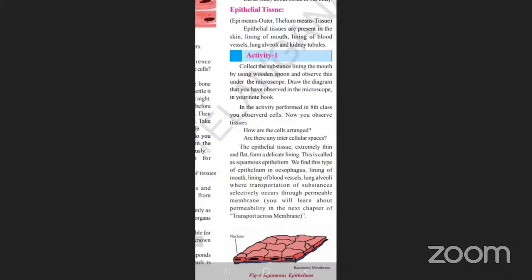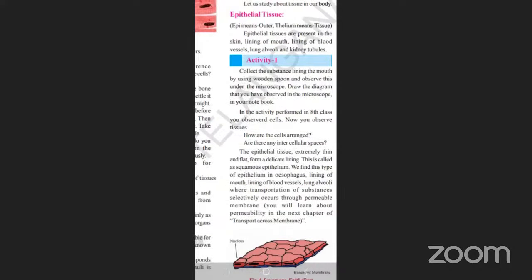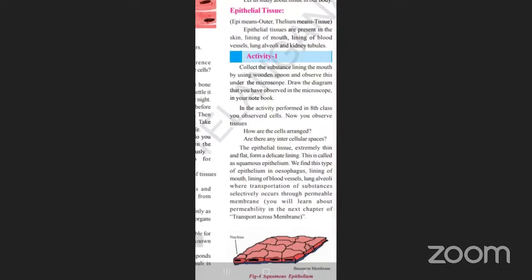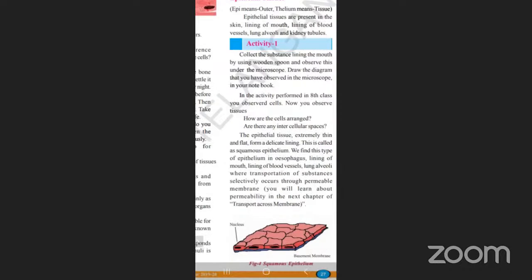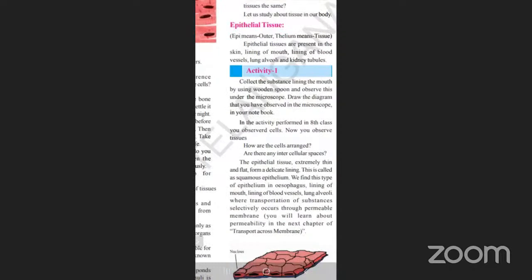We find this type of epithelium in the esophagus also, in the lining of the mouth, lining of blood vessels, lung alveoli, where transportation of substances selectively occurs through a permeable membrane. Which is considered a selectively permeable membrane?